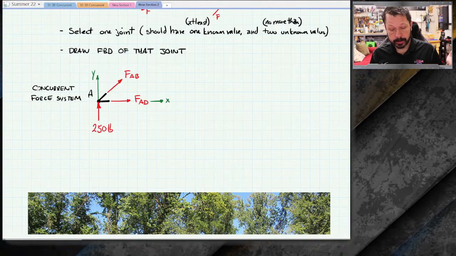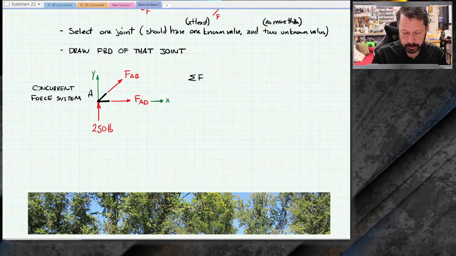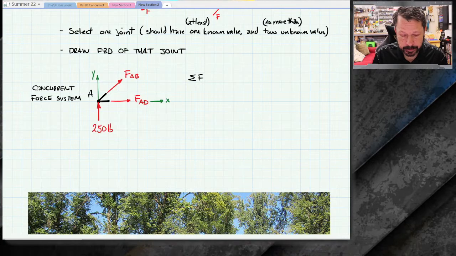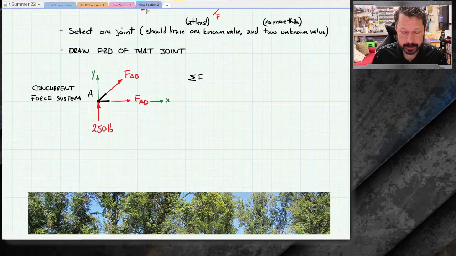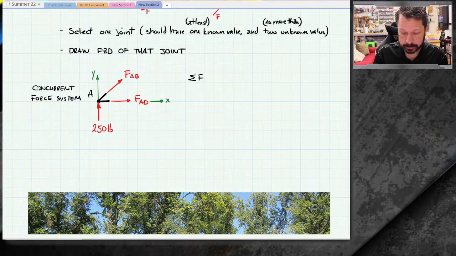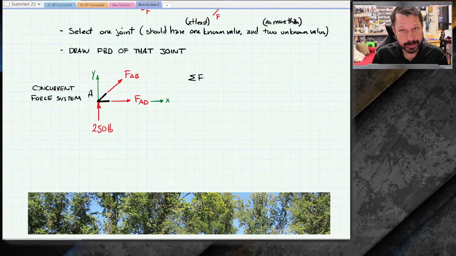And I have a 2D concurrent force system, so I write summation of forces. Now, if I think about it, if I write the x equation first, there are two unknowns in the x direction. AB has an x component, AD has an x component. But if I write the y equation, there's only one unknown, so I can actually solve for that.